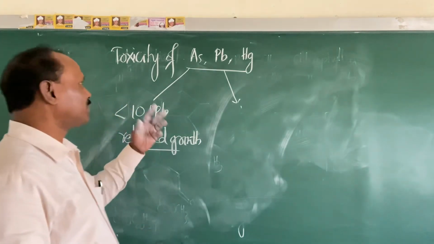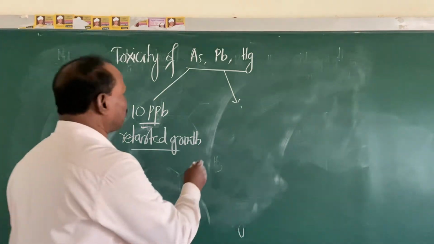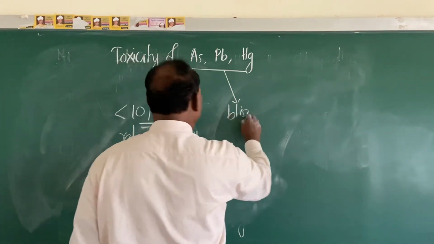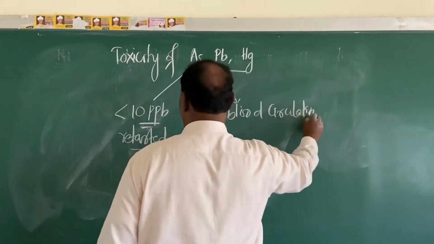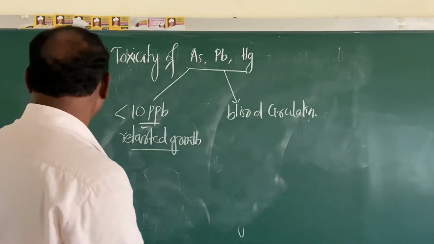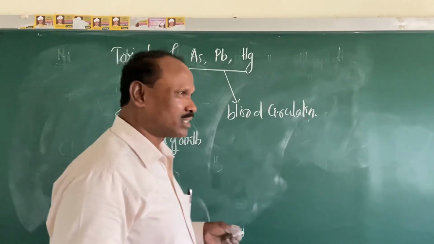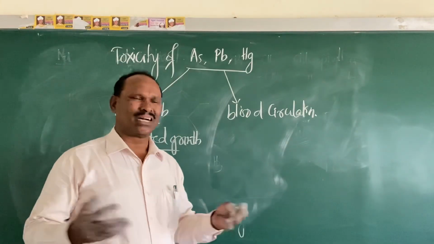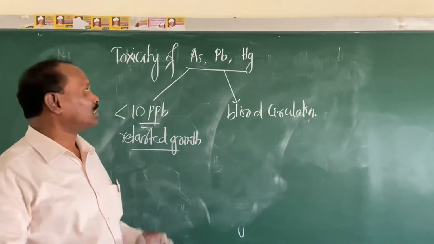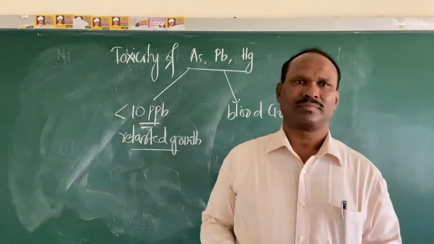The toxic effects of this lead, right, are that it affects the blood circulation, and damages the kidneys and liver, and finally it leads to cardiac arrest also. The patient suffering from lead poisoning will go into a coma, right?